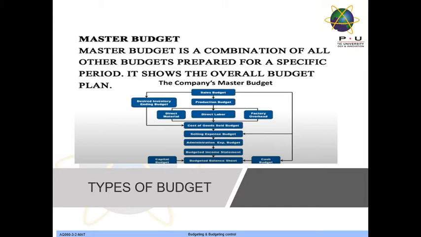All the budgets are coordinated into one harmonious unit, and it is prepared by the budget officer and requires the approval of the budget committee before it is put into operation. So this is the first type of budget, which is the master budget. We already talked about it.